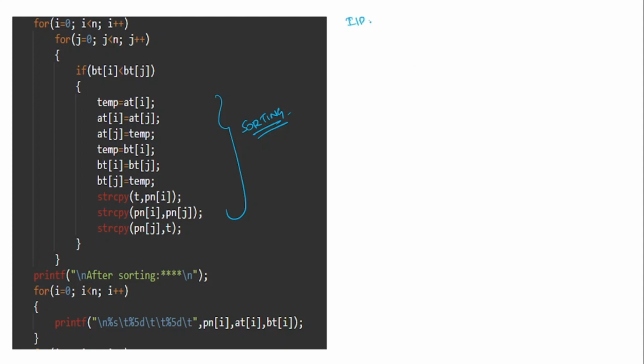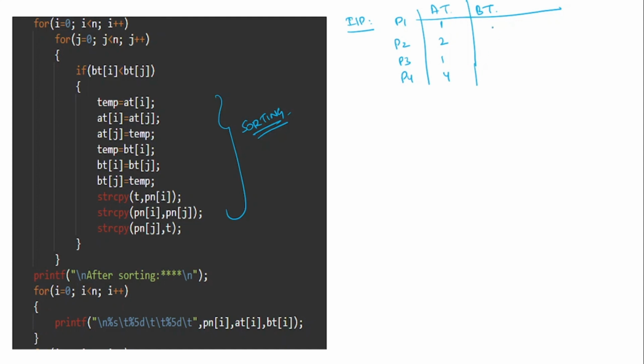So let's have first some input. Maybe my input is this. I have P1, P2, P3, P4 processes with me. Then arrival time and burst time of the processes are written. So let's say the arrival time of P1 is 1, P2 is 2, P3 is 1 and P4 is again 4.